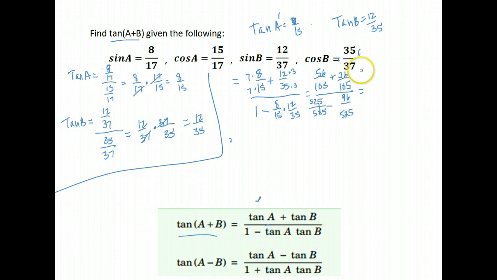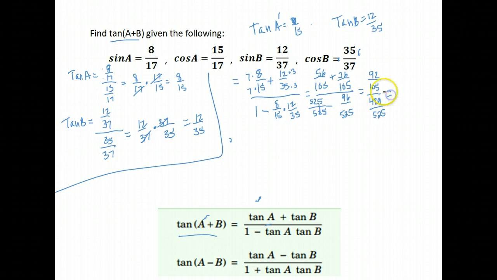I have my common denominator, so I can, or excuse me, 56 plus 36, which gives me 92 over 105. In the denominator, 525 minus 96 is 429 over 525.